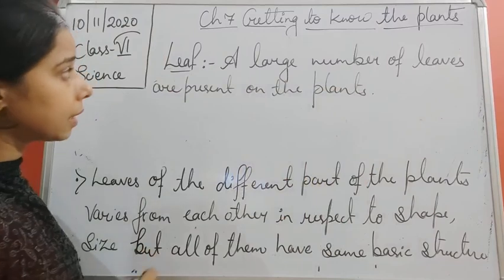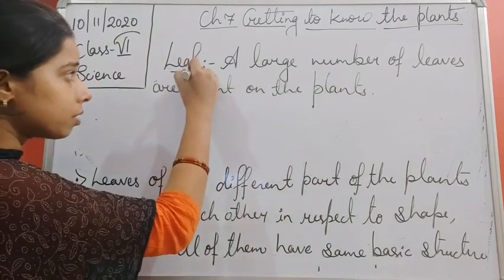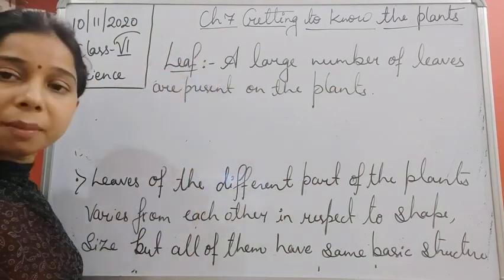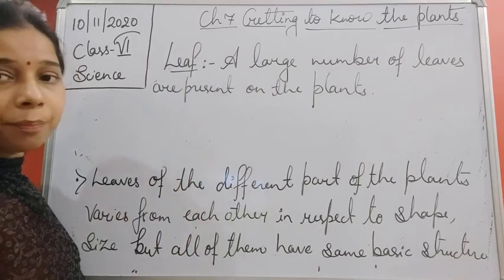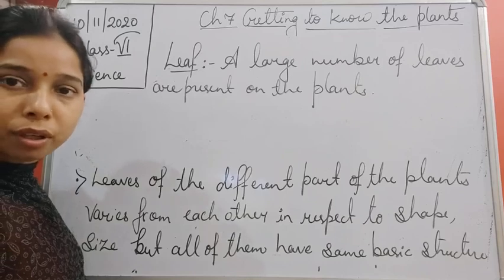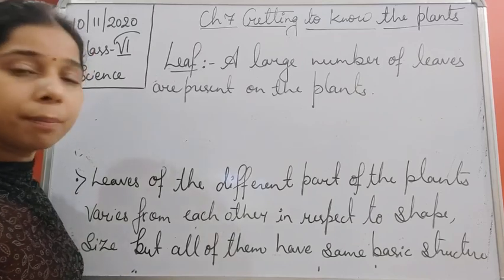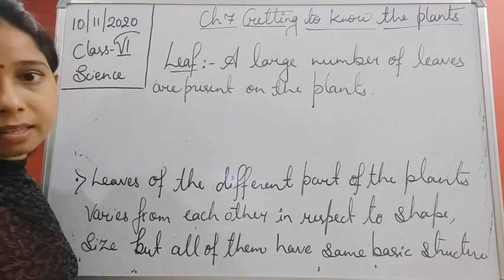Okay, so we can say, students, that leaves are present in large numbers. They are thin, broad and green in color. They are green because of the presence of chlorophyll, which, as you all know, helps in performing the process of photosynthesis.